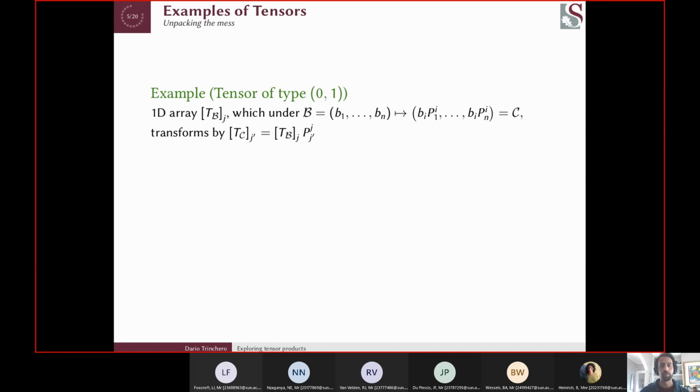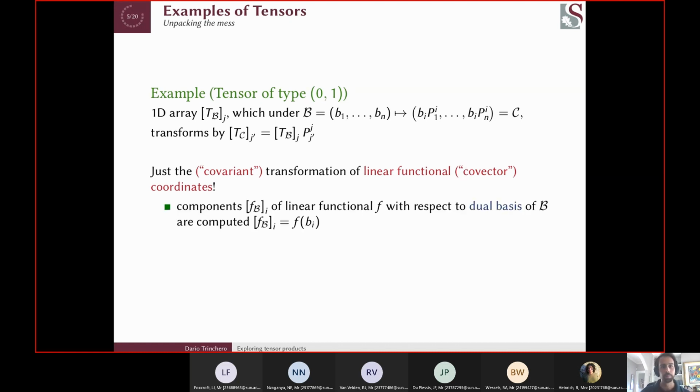Okay, so what's a tensor of type 0, 1? Well, here it's a one-dimensional array with a single lower index, J, such that under a basis transformation like that, it transforms according to this law. Okay, whatever. You might not notice, but this is just the covariant transformation, covariant meaning that they both transform according to P, of a linear functional or a covector, or rather the coordinates of that linear functional with respect to the dual basis.